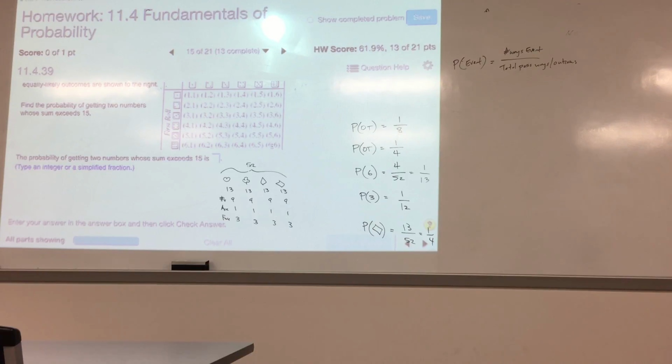How about this? Find the probability of getting 2 numbers whose sum is 7 or greater. Okay, 7 or greater.